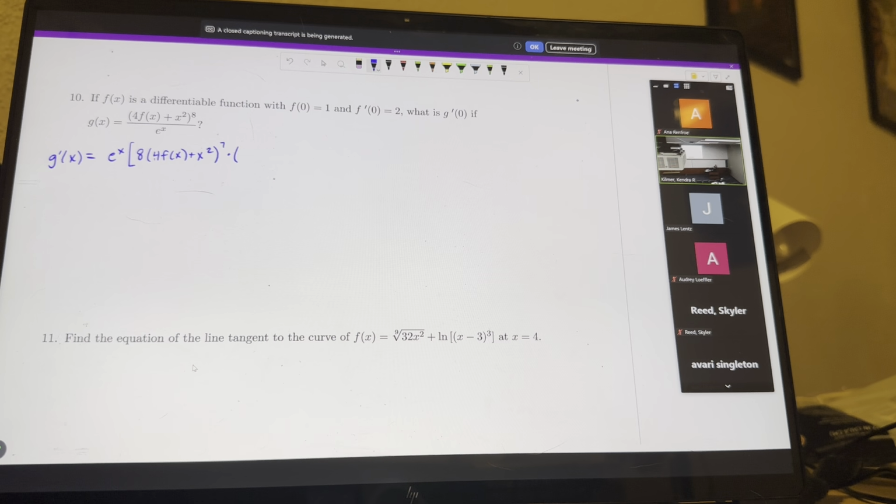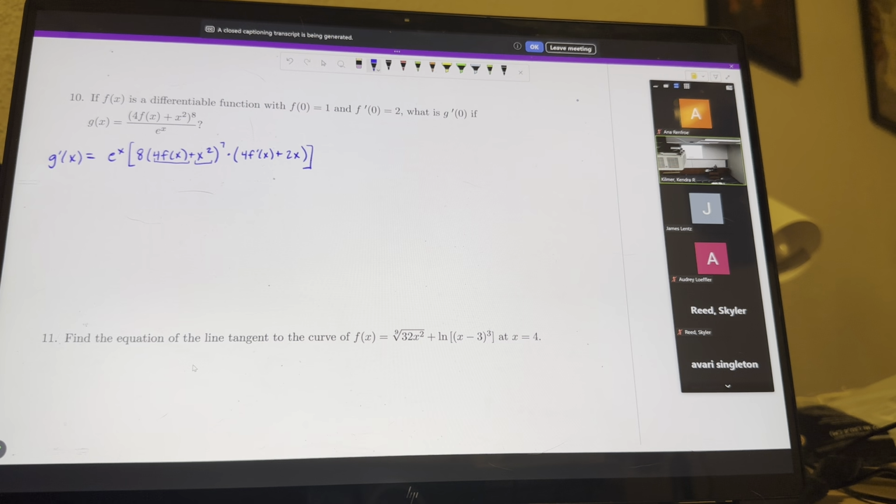My inside here is a sum of 2 functions, so I can find the derivative of each piece and leave the sign in between. The derivative of 4f of x is just going to be 4f prime of x, plus the derivative of x squared, which is just 2x.